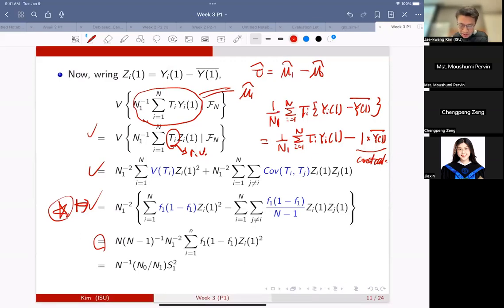The usual technique is that you don't have to worry about this part, because it is constant. The only thing you need to worry about is the double summation over i not equal to j of Ci1 Cj1. So how do we simplify this?